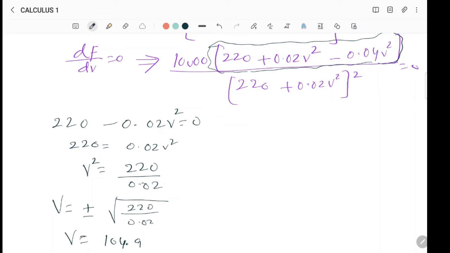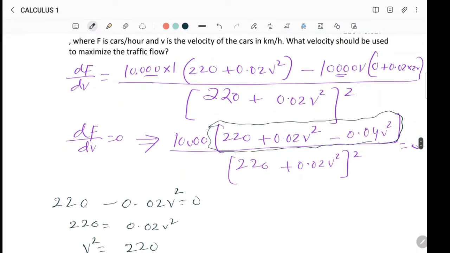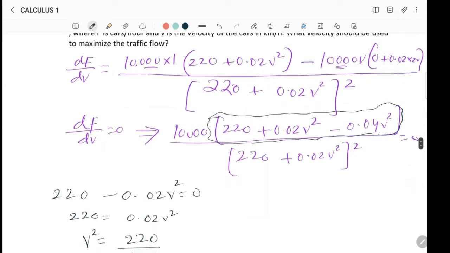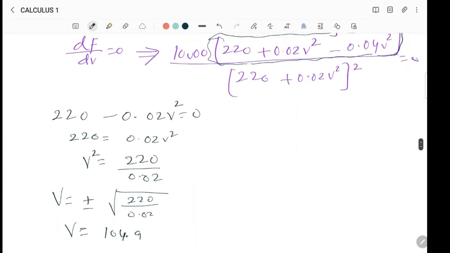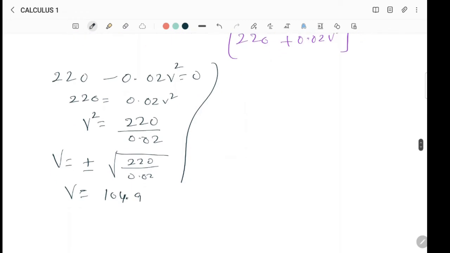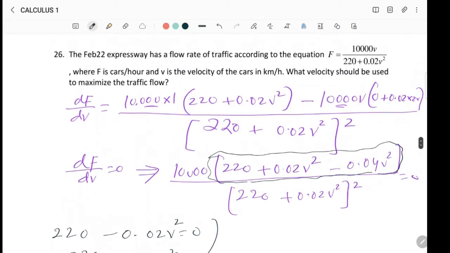Okay, but I don't know whether it's maximum or minimum. So you know that you have to differentiate it again, right? What velocity should be used to maximize the traffic? So you have to differentiate it again and put 104.9 in that. That should be negative. You can do this on your own. So at 104.9 you will get max. I told you how to verify.